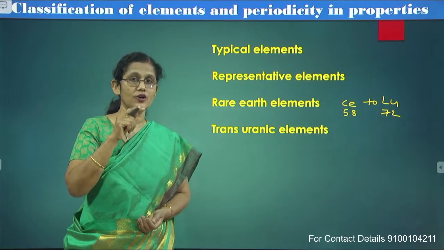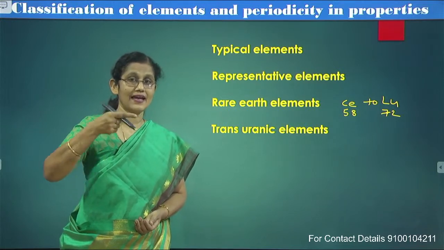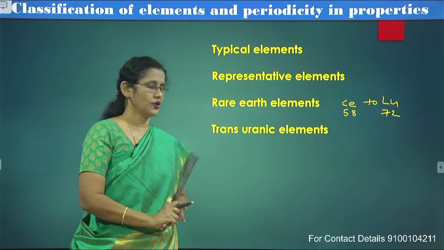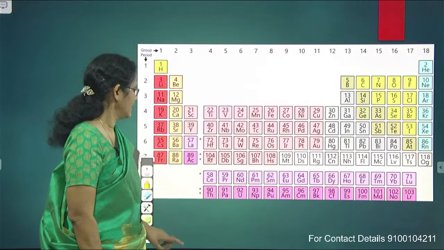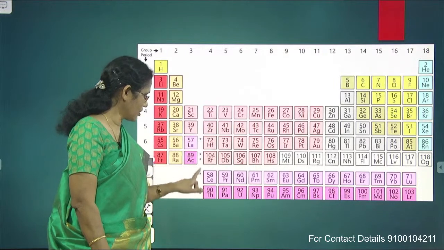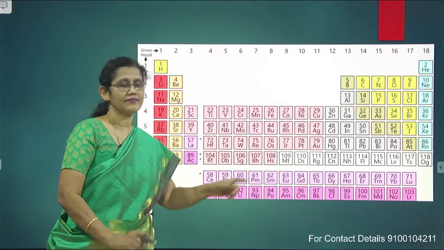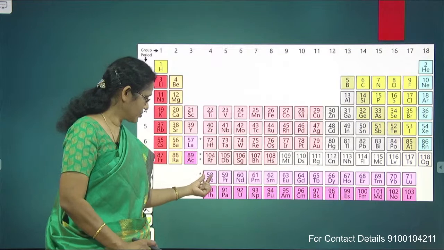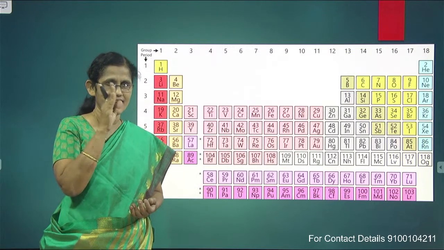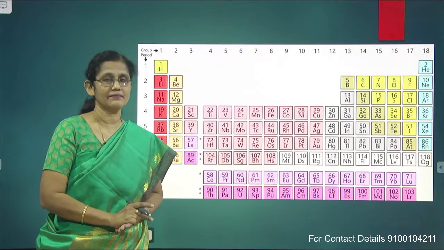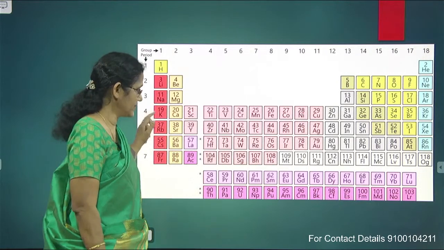Lanthanum belongs to D block, but lanthanides are F block elements. They start with cerium and end with lutetium. So, 14 lanthanides are called rare earth elements. They are rarely found in Earth's crust.